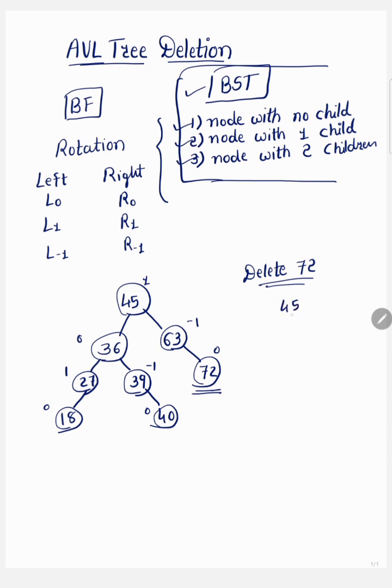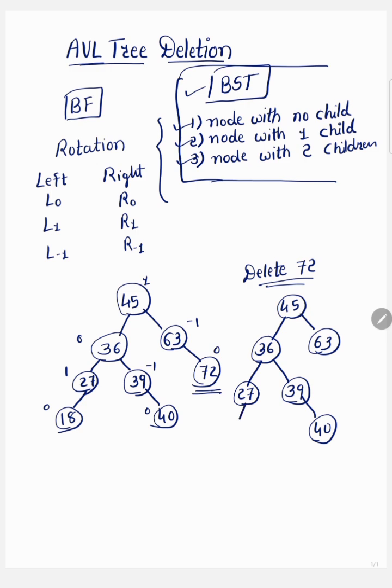So if I delete it, what I'll have is 45 over here, 63, then I have 36, then I have 39, 40 will be here, then 27 and 18. Now again, after this deletion, I need to check the balance factor.